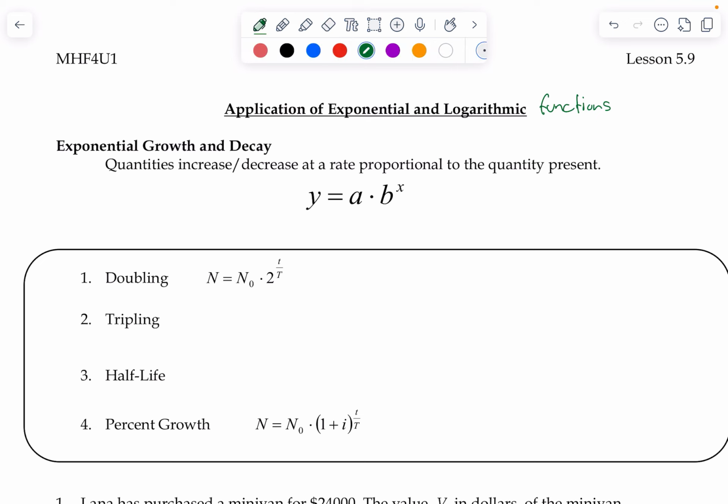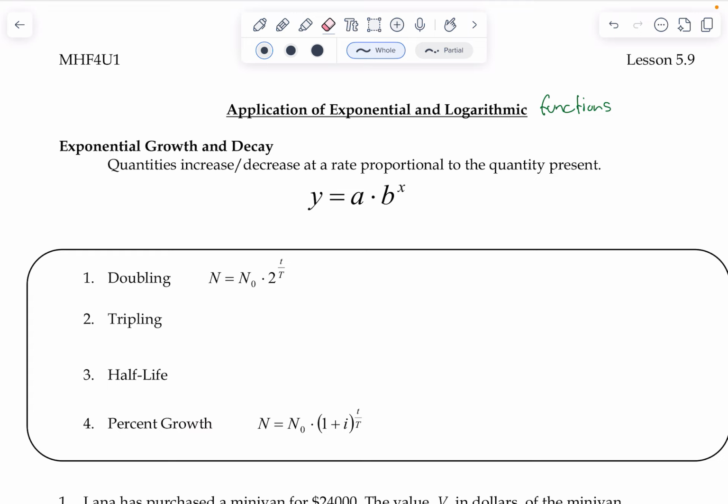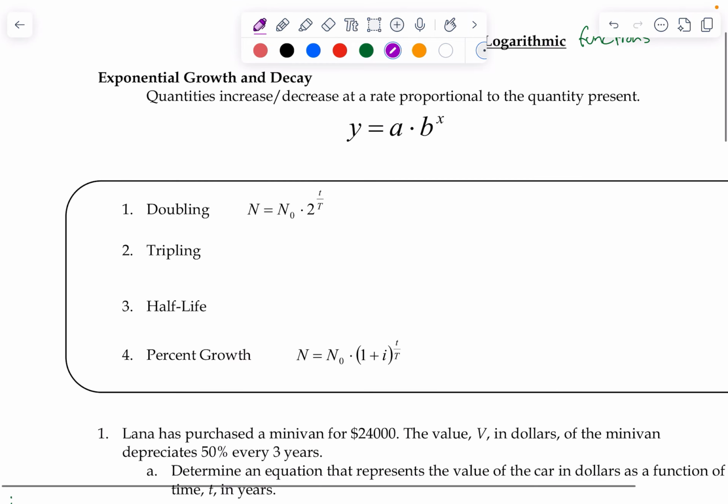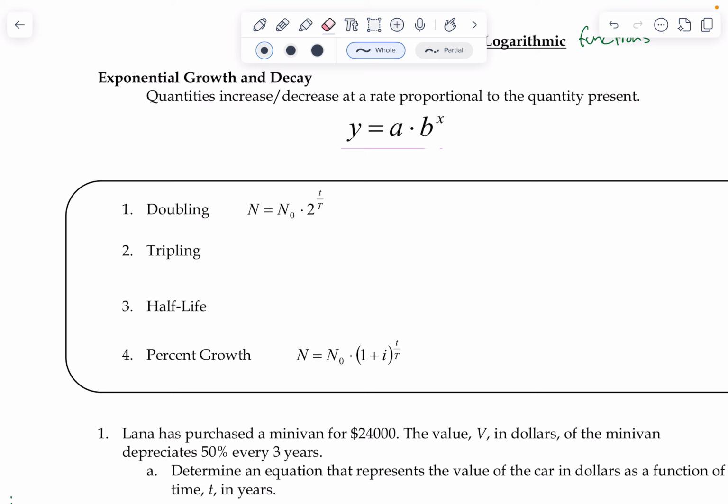So as a recap from what we've done in previous years, let's go over this general exponential equation. And this general exponential equation is really how these like subsets are created. Okay, so like doubling, tripling, half-life, and percent growth are really just different ways of writing this. Okay, and it really boils down to changing the base.